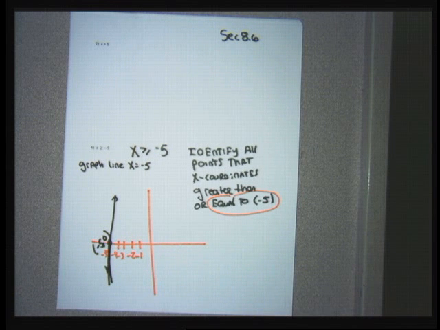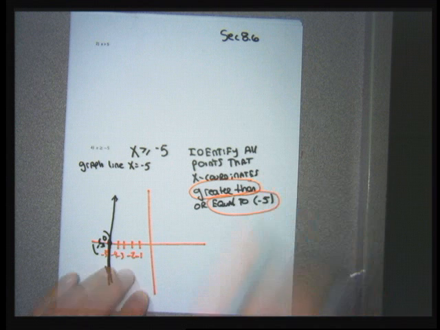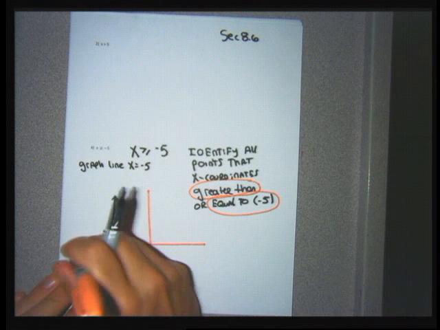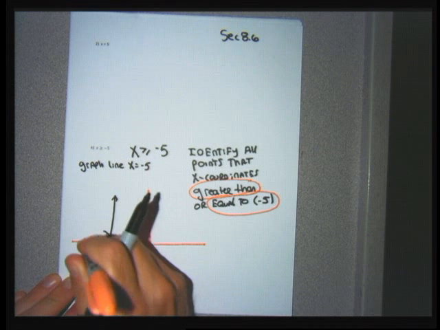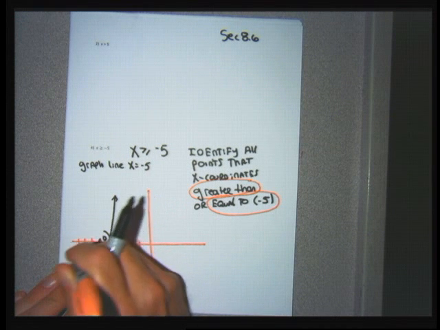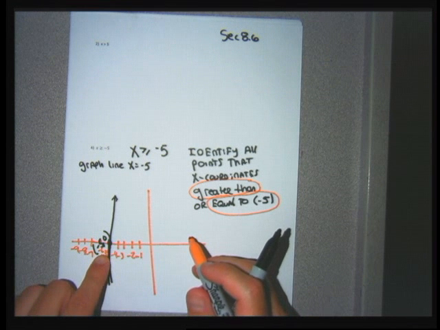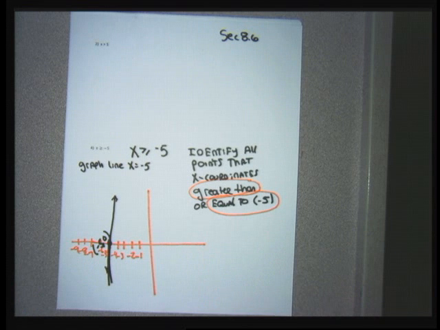The rest of finishing up problem 4 is to identify all the points that have x coordinates greater than -5. That's easy to do because I can look at the coordinates of any point. If I go to the left of this vertical line at x equal -5, the x coordinates of the points are going to be -6, -7, -8, -6.5, -6.25.